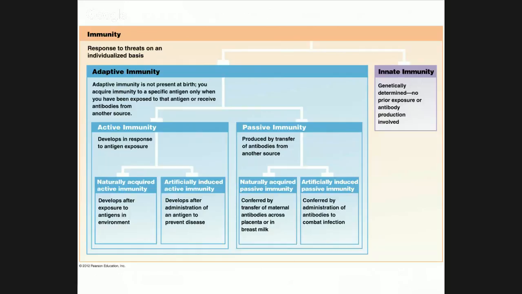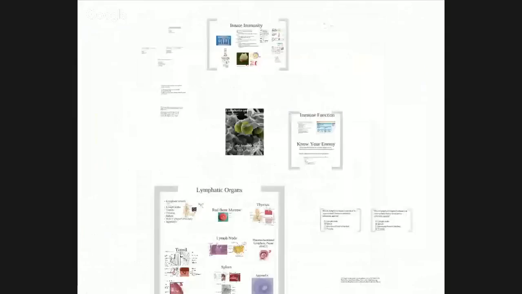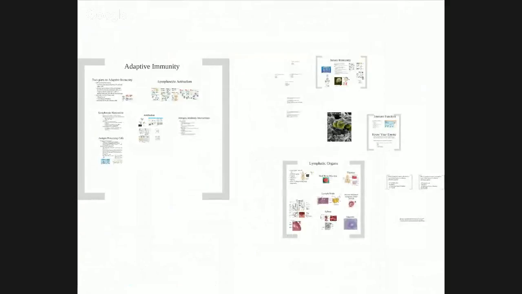You need to understand that that's not a good representation of how these two fit together. Let me pull back out here and show you everything that we're talking about. This little box here is what we're going to look at for innate immunity, and this bigger box over here is what we're going to look at for adaptive immunity.